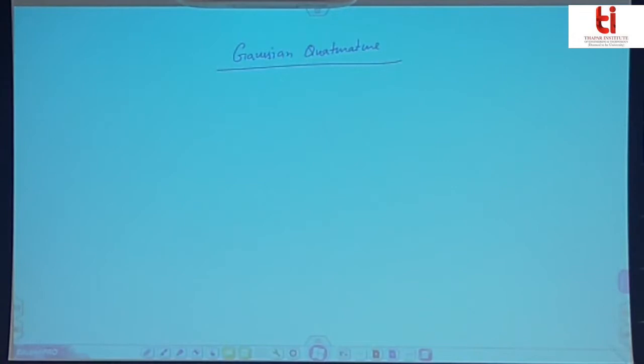In this method, we are not choosing equally spaced points. Here we choose the best points for evaluation rather than equally spaced points.